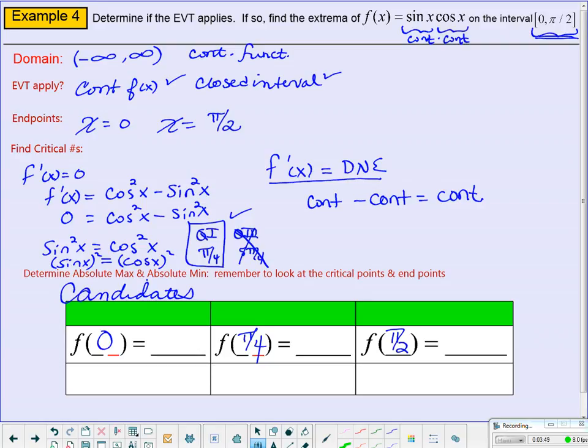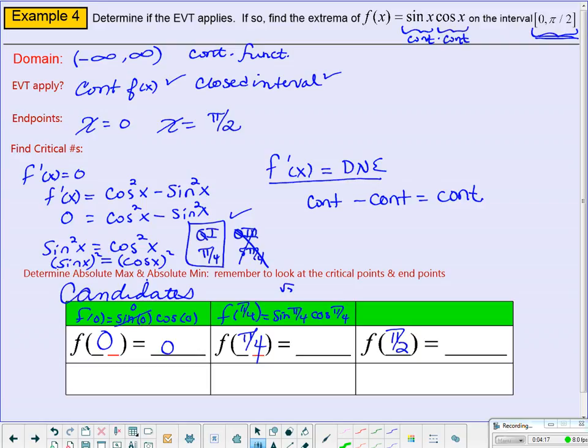Throw those into the original function, and it will look like what? f of 0 equals sine of 0 cosine of 0. Well, the sine of 0 is 0, so this is going to come out to be 0. f of pi over 4 would be sine pi over 4 times cosine pi over 4.